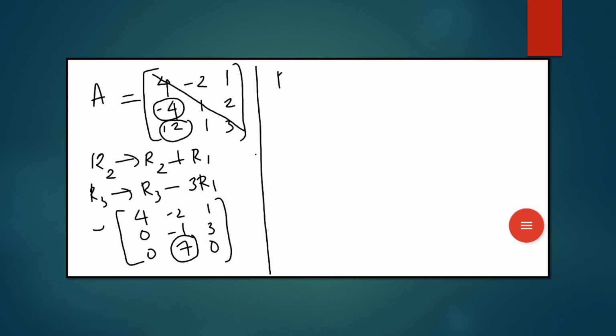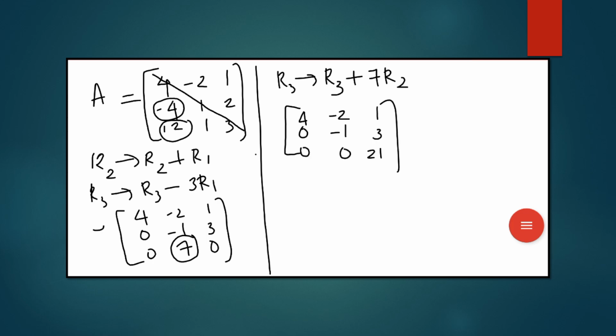So we can transform it as R3 changes to R3 plus 7 times R2. It will transform to 4 -2 1, 0 -1 3, 0 0 21. Now we can see that all the elements below the diagonal are 0.